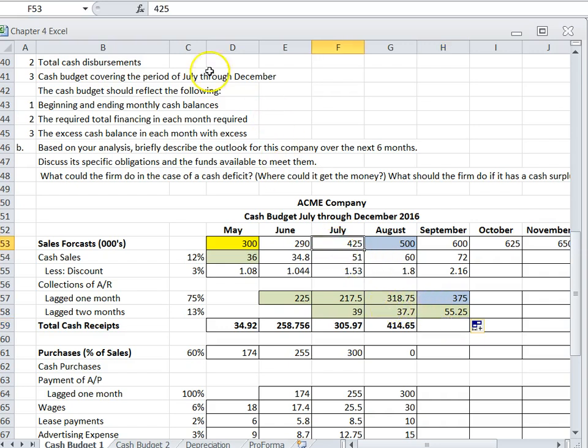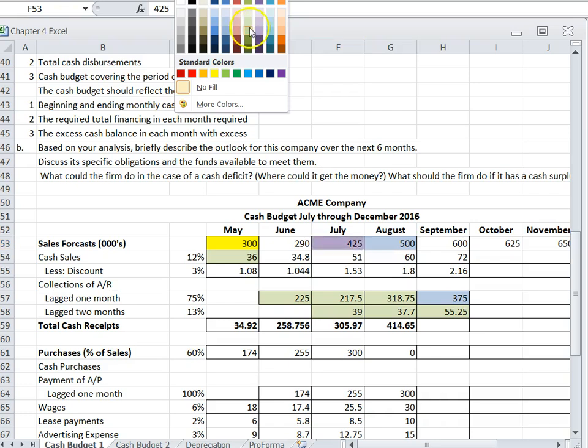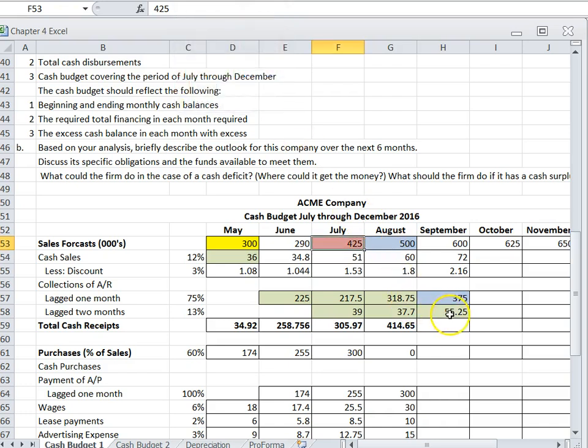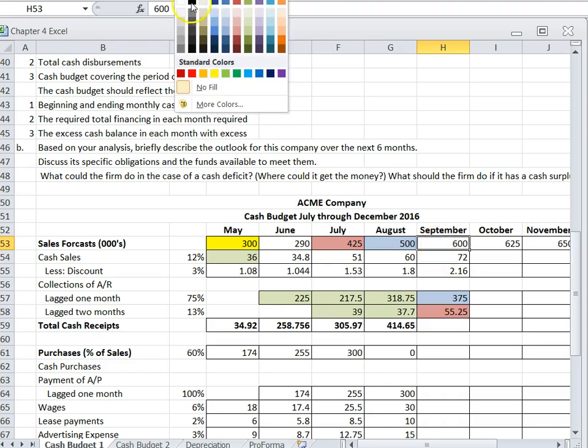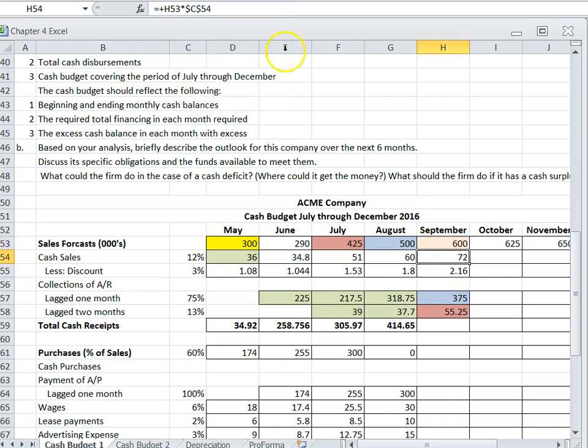So if July was, let's make July a different color. This is going to be 13% of July. Okay, so I'm just going to try to color code it for you so you understand where the percentages are coming from. 600,000 is the forecasted sales in September. Of that, 12% will be collected in September.